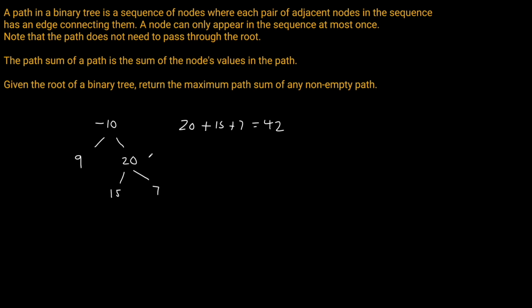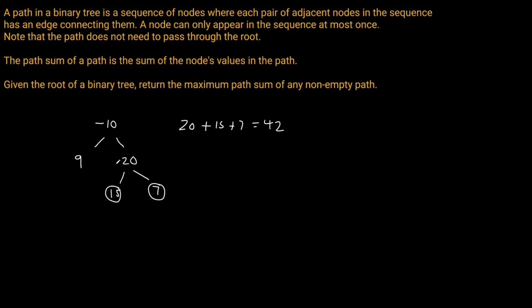And one other thing that we have to notice here is that, say we're at this 15 and 7 and we're at this 20, we have the choice of either connecting the paths, so 20 to 15, then connected with 7, but that means that we're not able to go any higher in the tree, right? We can't go minus 10 to 20, this would have to be the root of that tree.